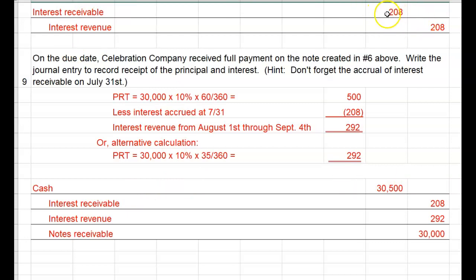We got paid for that. So we need to credit interest receivable for $208. Credit interest revenue for the new time period's worth of interest. Notice that these two credit amounts to interest revenue here equal $500. And then credit the note receivable, $30,000.